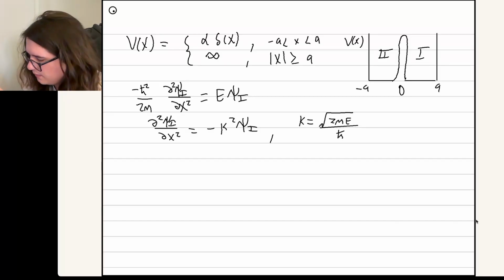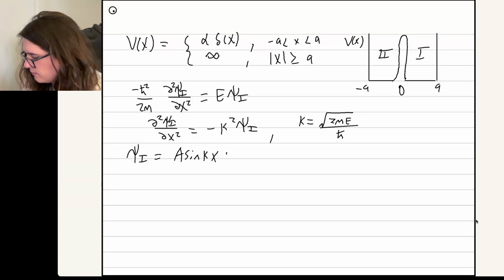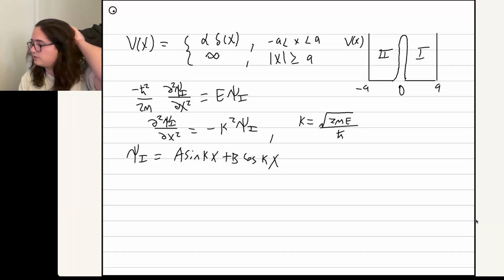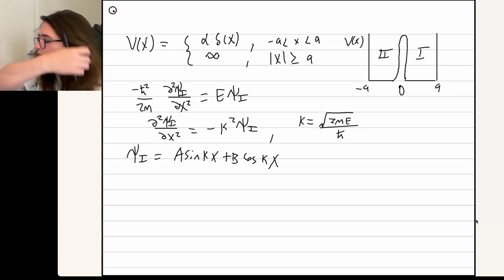This has the solution of a sine kx plus b cosine kx, whether or not we have an even or odd wave function. That's what psi 1 is.